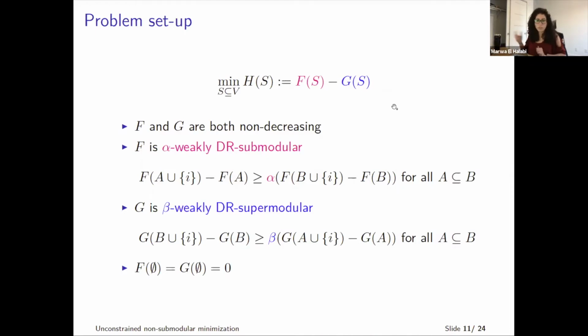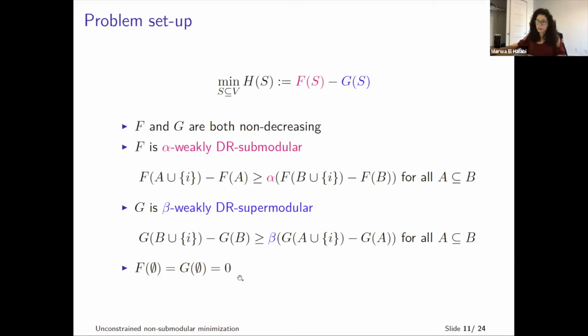And g is approximately supermodular: if g is supermodular, it means that minus g is submodular. Saying that g is beta weakly DR supermodular is the same property as here, but with the minus sign applied.